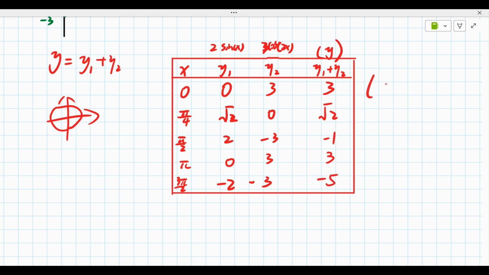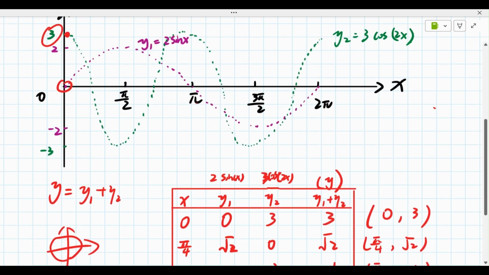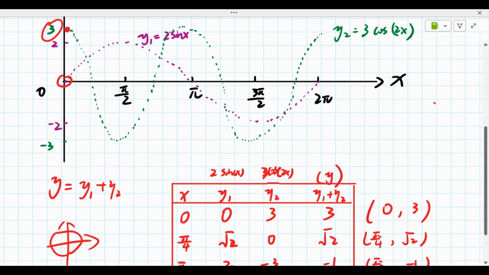So now you have the points 0, 3; pi on 4, root 2; pi on 2, -1; pi, 0; and the last one, 3 pi on 2, -5. We have 5 points. I think this should be enough. Now we can just plot the points. So 0, 3.